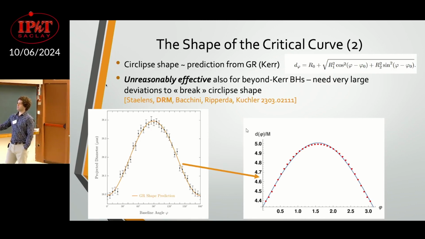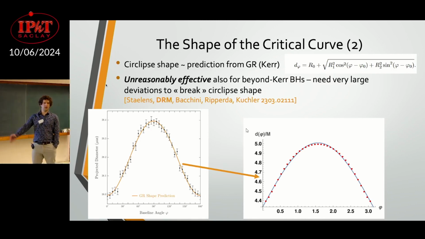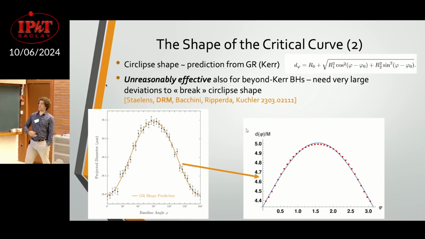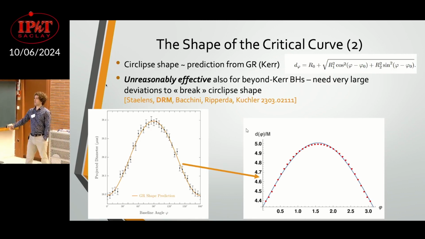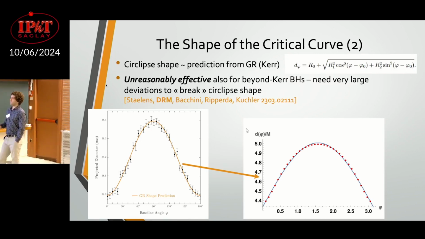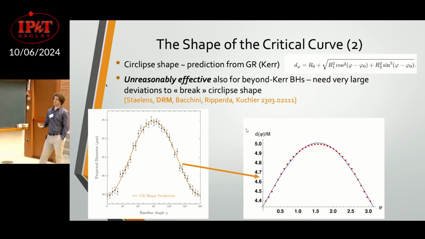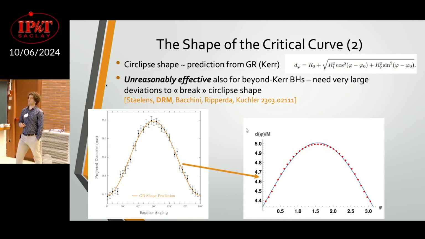But it doesn't really tell you whether this is Kerr or not Kerr. What do I mean by that? Well, we looked at a bunch of black holes that are not Kerr, and we saw that as long as they're not wildly deviating from Kerr, they will also have a circlipse. The circlipse function will also match their photon ring, their critical curve, very well.